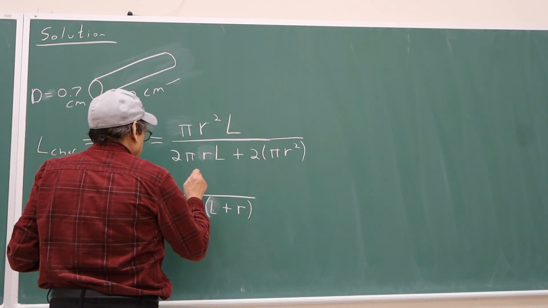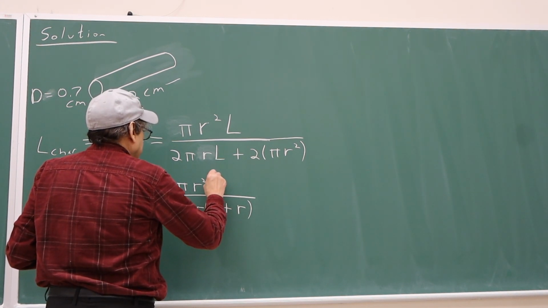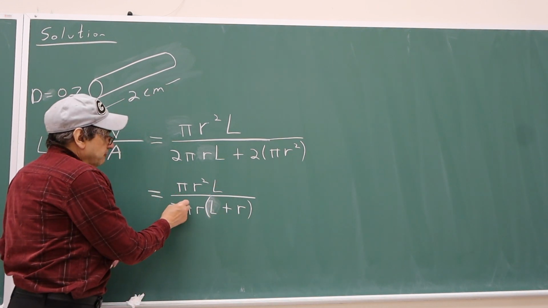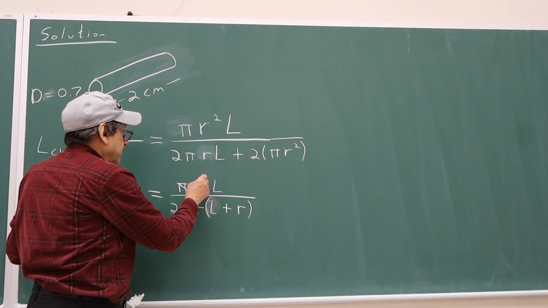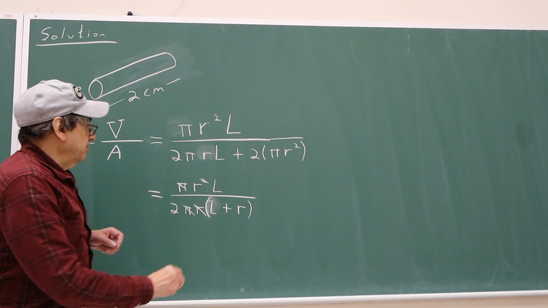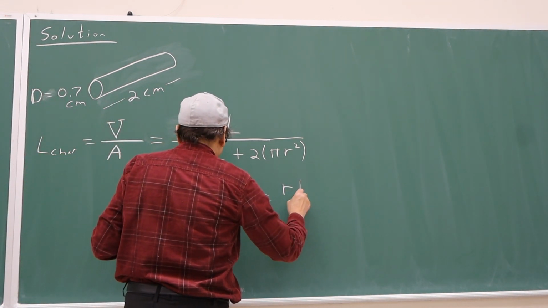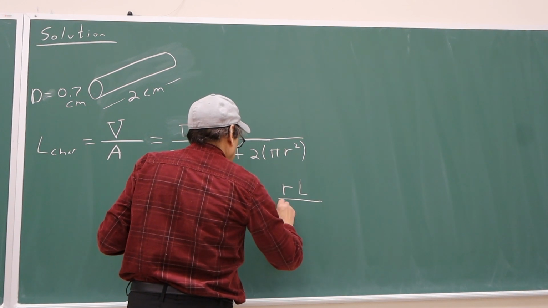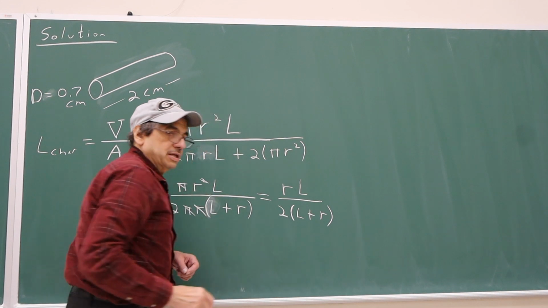And then in the numerator, we still have the pi r squared L, and we can cancel out a pi, and we can cancel out one of the r's in the numerator, one in the denominator. So we're going to have rL over 2 times (L plus r) like that.